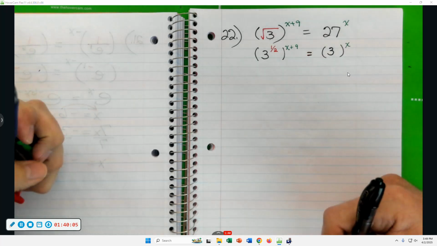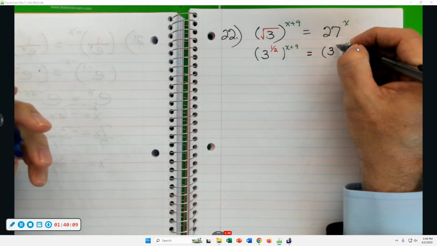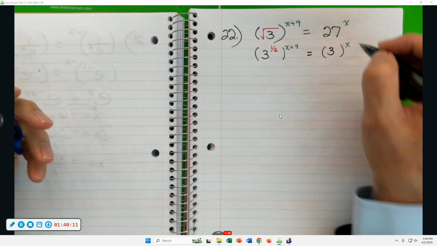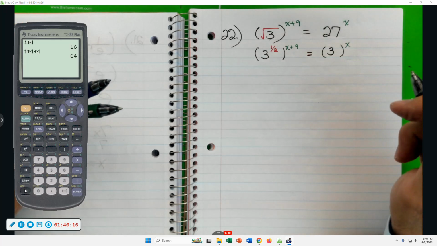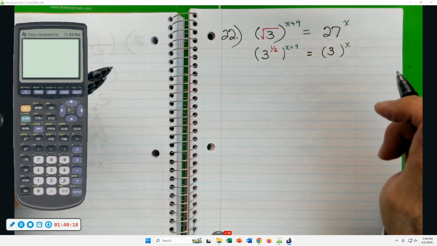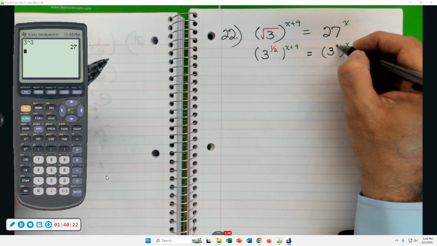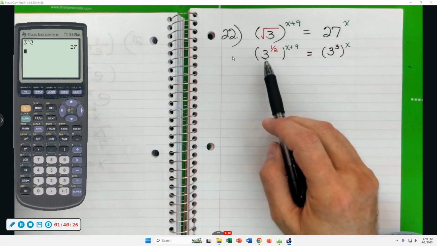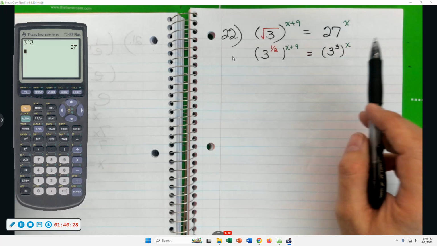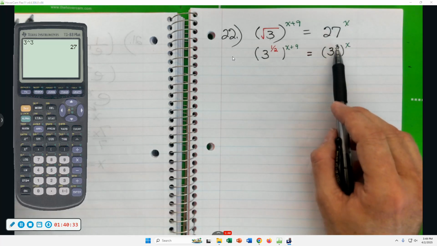How many 3's do you multiply together to get 27? 3 times 3 is 9, times one more 3 is 27. So 3 cubed is 27. So I've rewritten the square root of 3 as 3 to the 1/2. I've rewritten the 27 as 3 cubed.